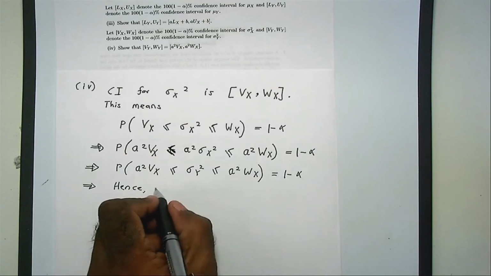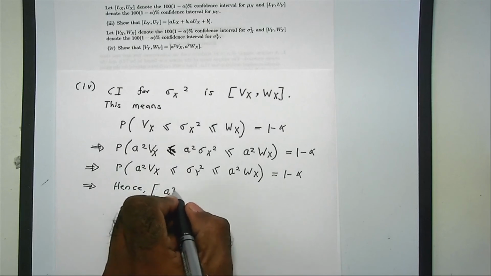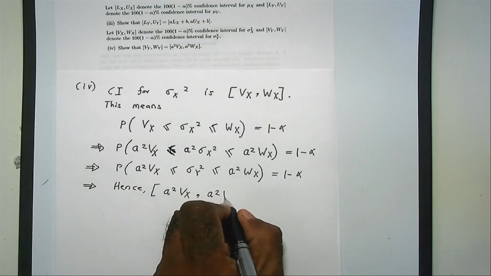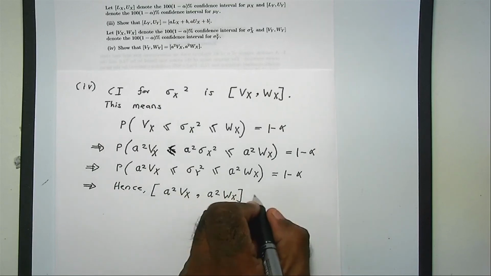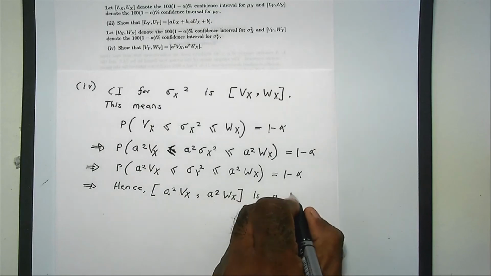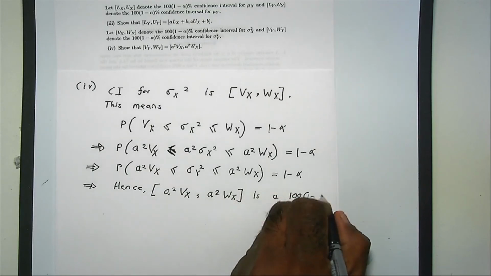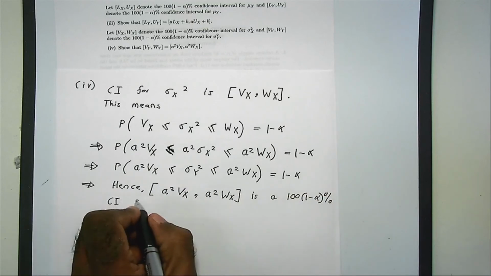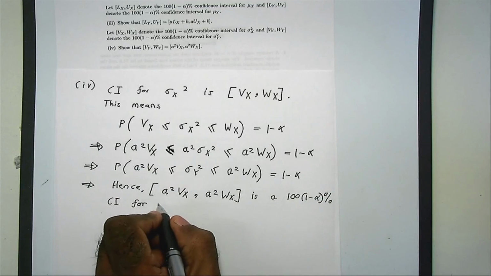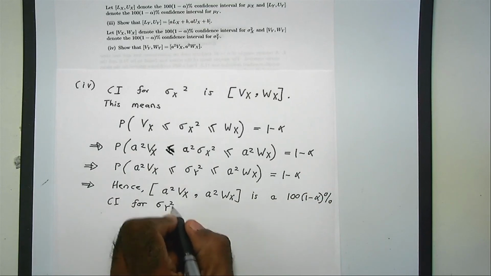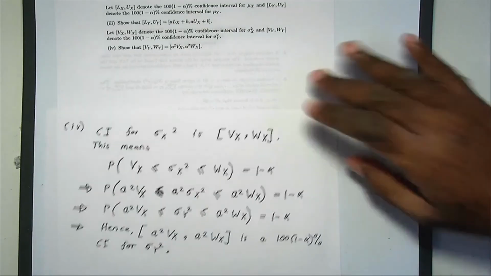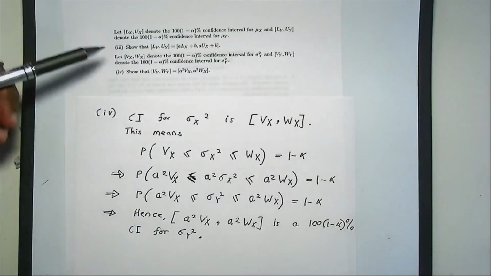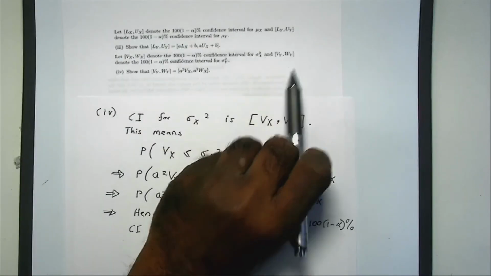So hence, but we are told in the question that the confidence interval for sigma y squared is given by this.